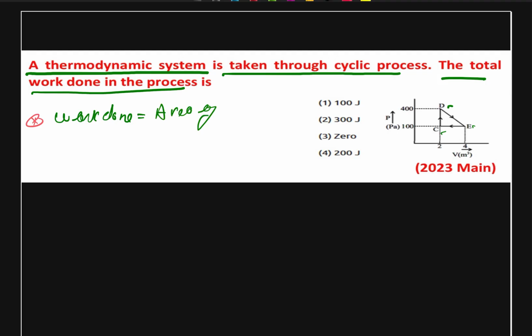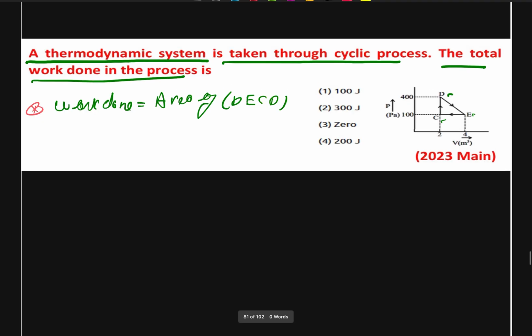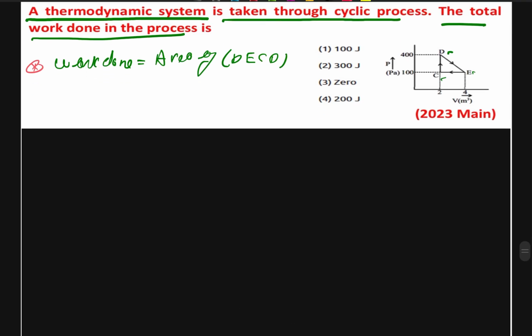The area of DECD is a right angle triangle, so we get half times base, which is 2, times height, which is 400 minus 300, which is 100, which gives us 300. So the 2 and 2 cancel out, and work done comes as 300 joules. So option 2 is correct.